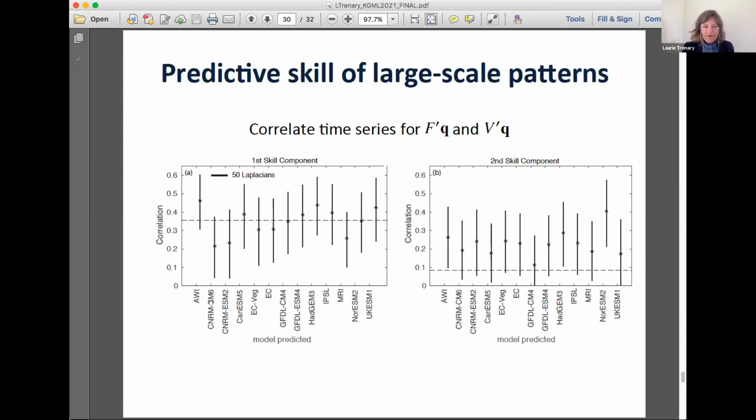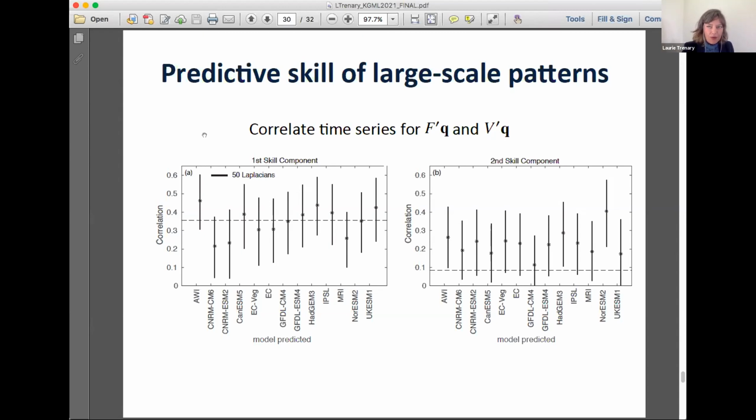So we have this eigenvector that combines those forecasts to give us that predictable feature. We can apply it to observations and correlate the forecast. We're trying to see if the forecast is predicting that large scale pattern. Is that what those individual grid point forecasts are trying to do? We determine that by projecting the forecast and the verification data onto these eigenvectors.